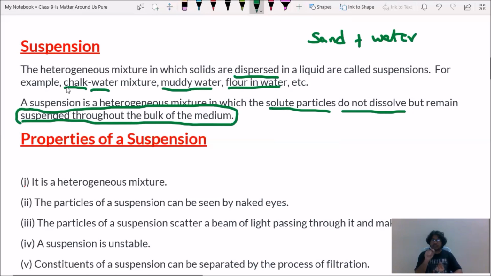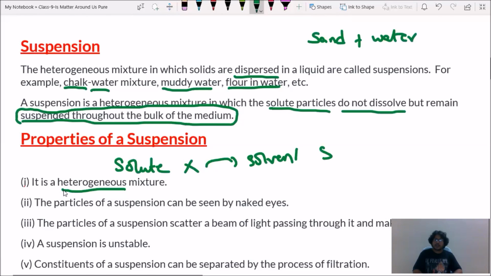Number one, it is a heterogeneous mixture. Suspension solutions are heterogeneous mixtures. Heterogeneous in the sense, solute particles will not dissolve in solvent, they will just stay, that's it.